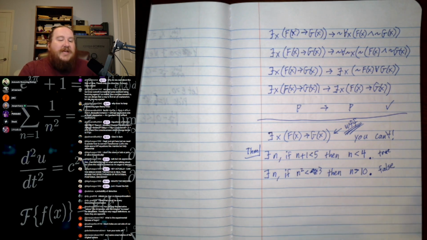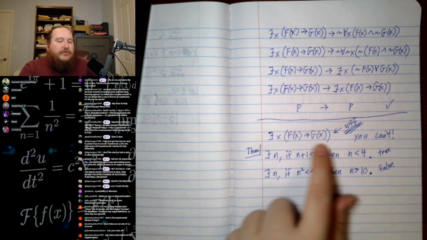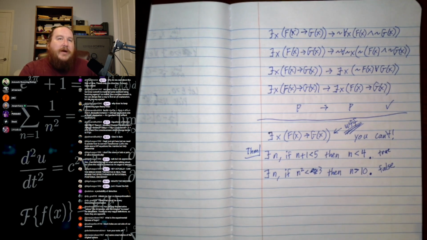There are plenty of statements in first order logic that have nothing to do with a tautology. They're not reducible to zeroth order logic at all, like this one, and they don't have a truth table to speak of. That doesn't even make any sense. There's no truth table I can do here, right?